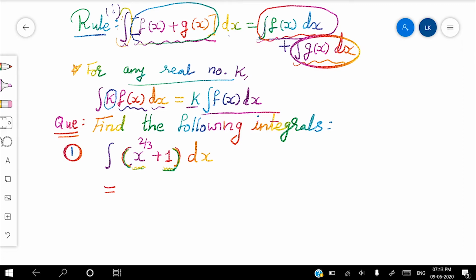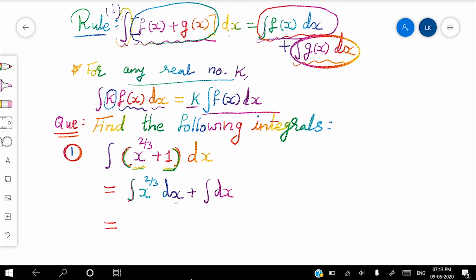According to our rule, we can take separately the integral of each function. That means integral of x raised to 2 by 3 dx plus integral of 1 into dx. No need to write 1. Here there is an integral, so you have to write dx. This is important. Plus integral of dx.